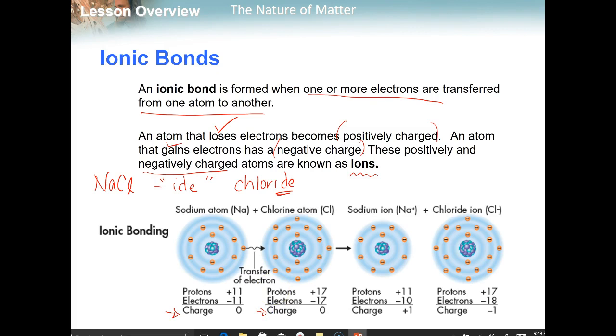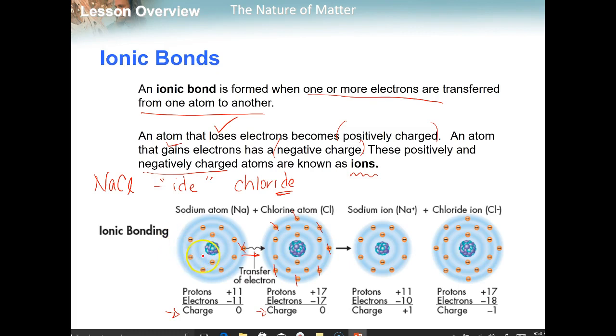But what happens is, notice in the valence of chlorine, chlorine has 1, 2, 3, 4, 5, 6, 7 electrons. So it's not totally balanced. Sodium only has 1. Notice that one right there. So because the valence is more negatively charged in the chlorine, it's going to cause this sodium electron to be transferred.